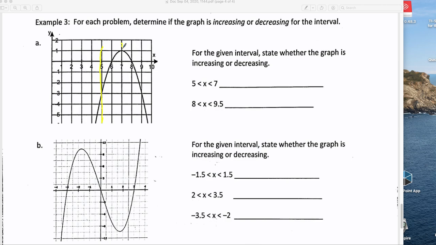This is where x is 7. What's the graph doing right there? It's increasing. Now the next interval: what's happening to that graph where x is between 8 and 9.5? So here's 8, and here's 9.5. What's it doing there? It's decreasing. Easy enough?